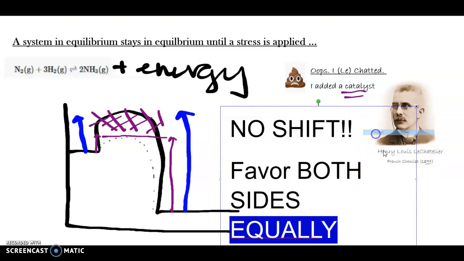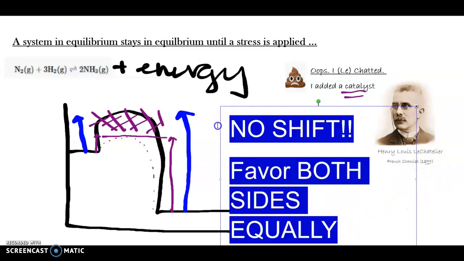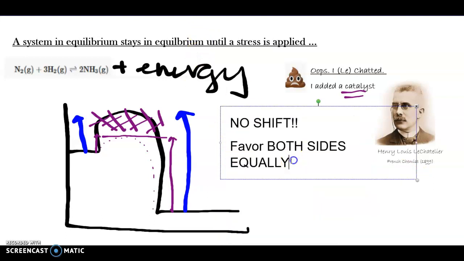You favor both sides equally, which means that you are going to speed up the rate of the forward and the rate of the reverse in equal components.